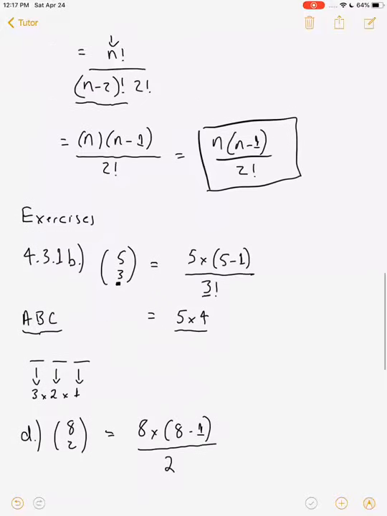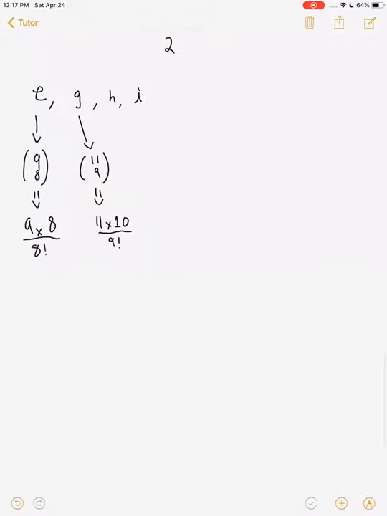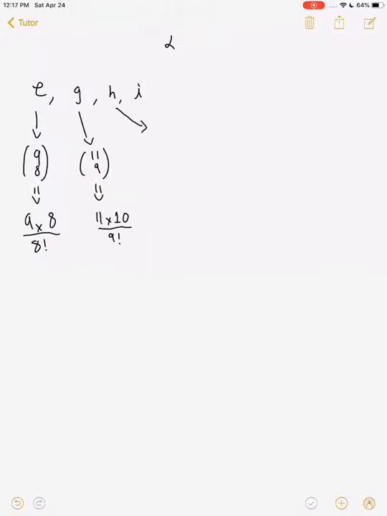Okay, 1 second. Okay, perfect. And for H, I got 50 times 49 divided by 2. Okay, so 50 choose 2, and you got 50 times 49 divided by 2.